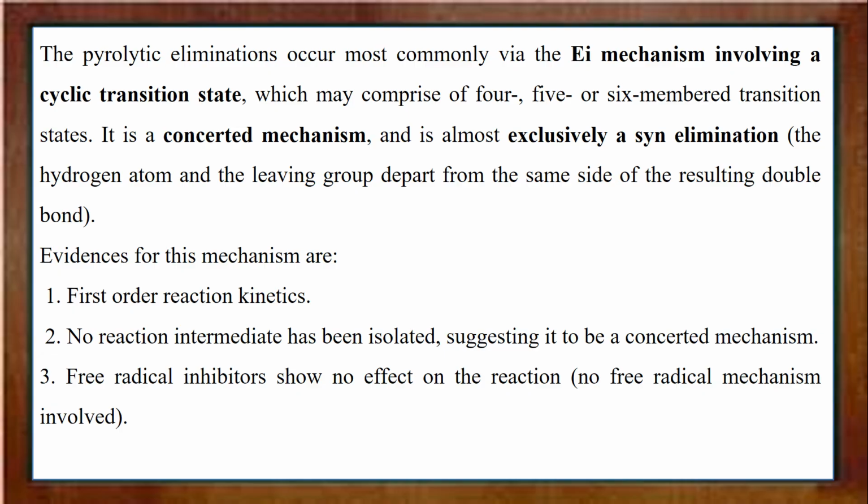Under EI mechanism, so far we discussed Chugaev elimination, Cope elimination and ester pyrolysis. All these pyrolytic eliminations occur most commonly by EI mechanism involving a cyclic transition state. The cyclic transition state may be a 4-membered or 5-membered or 6-membered ring. And all these elimination reactions are taking place in a concerted manner, in a single step.